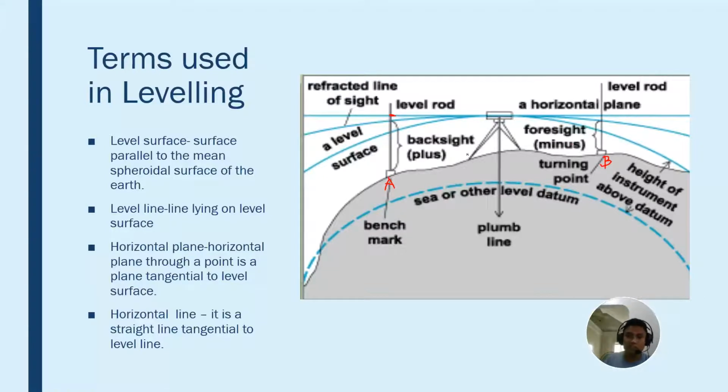So as you can see here, we put the plus and minus signs, since these will be the signs for the values that we have determined on the level rod using the leveling instrument. We will use these sign conventions later on when we conduct differential leveling.